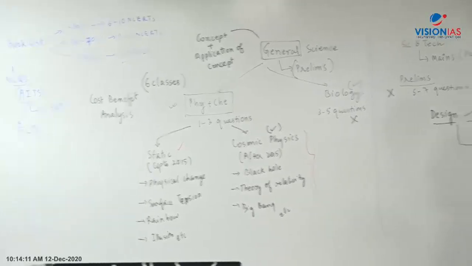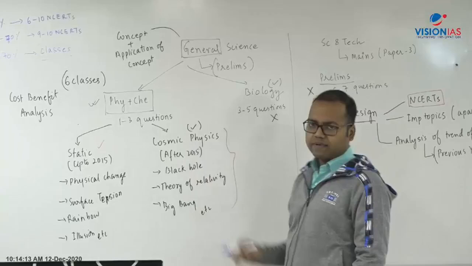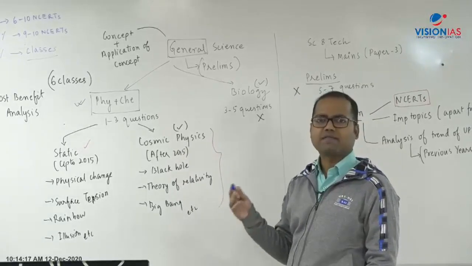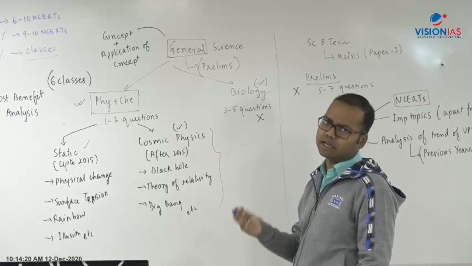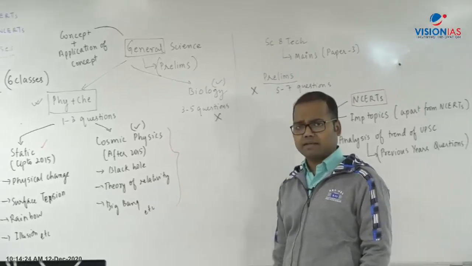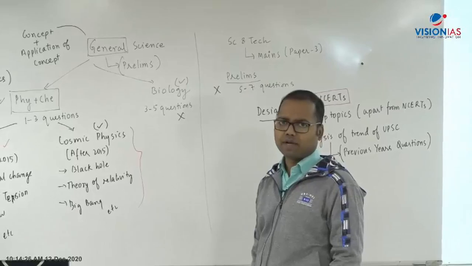Now for cosmic physics, NCERT is not sufficient. You can read websites like space.com, the NASA website, etc. But since the internet is a double-edged sword, you can waste your time.